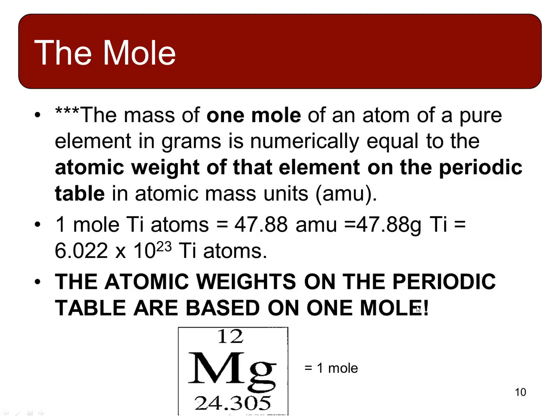I have this capitalized and highlighted or bolded here because every time you're doing a calculation, and you'll see where this is important because we're going to do lots of these, in any shape, form, or fashion, if you go to the periodic table to find this number to use it, it's always going to be out of 1 mole. So you may have 24.305 and in the denominator per 1 mole, or vice versa. Your unit factor for this number is 1 mole.